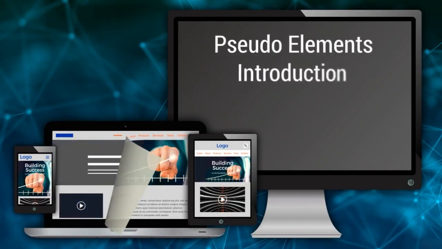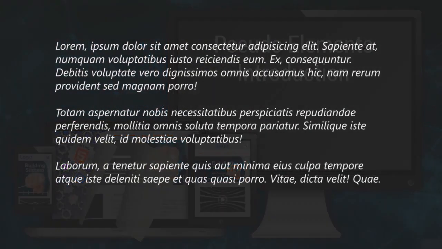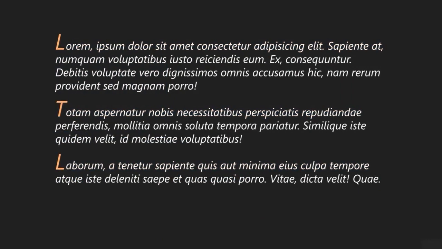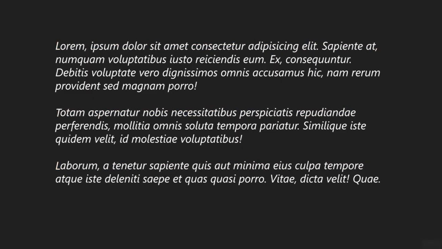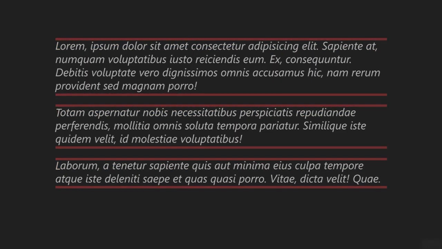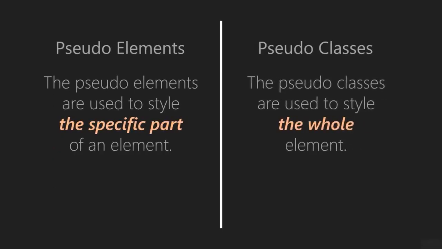Pseudo element allows you to style specific parts of the element. For example, first line of the paragraph, first letter of text, or even lets you insert or add content before or after the element. Unlike pseudo classes, the pseudo elements are used to style the specific part of an element, whereas the pseudo classes are used to style the elements.